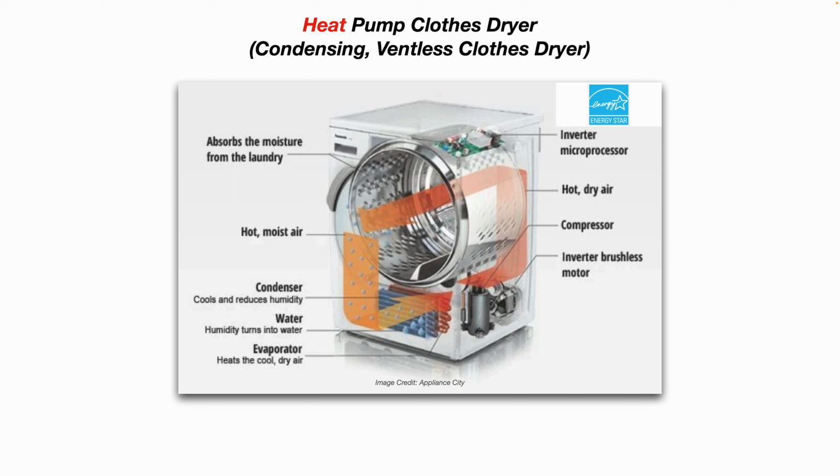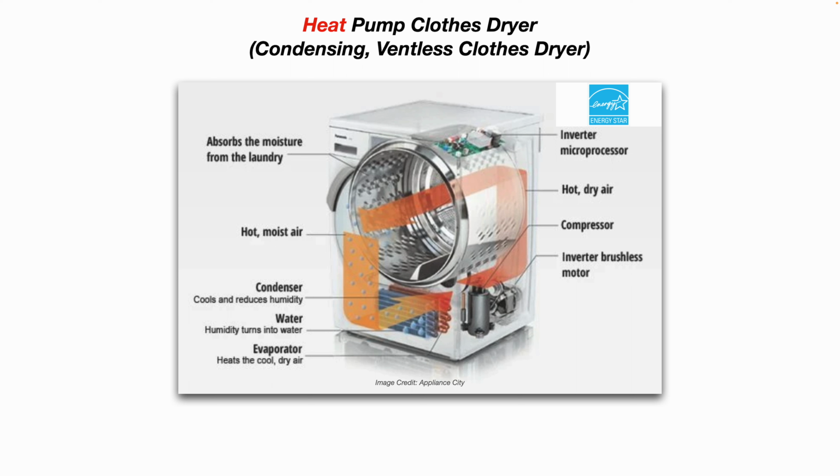So the hot dry air goes in, it's going to pick up more of the moisture from your clothes. That warm moist air again is going to go through the coils, moisture falls out, and it just keeps cycling that way. And these usually have an inverter brushless motor and an inverter microprocessor.